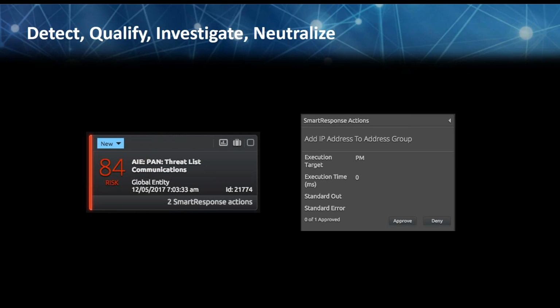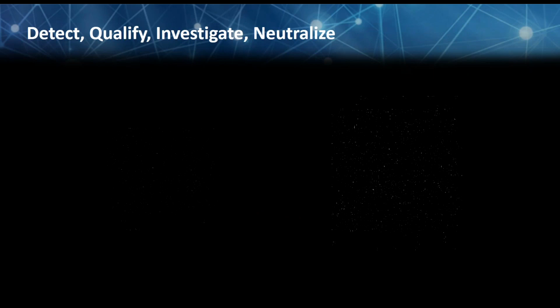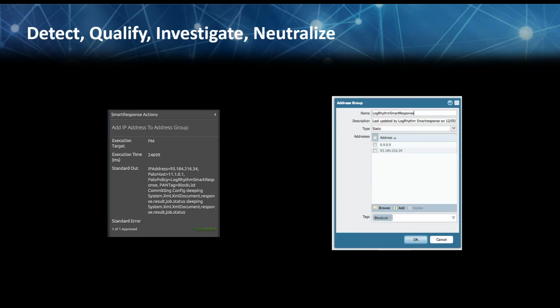So tier 1, tier 2, tier 3, or supervisor may have to go through different chains of approval to ask the Palo Alto to, in this case, add an IP address to a threat list or to a block list. And then that goes out through the API, pushes that in, and helps mitigate that threat as quickly as possible.